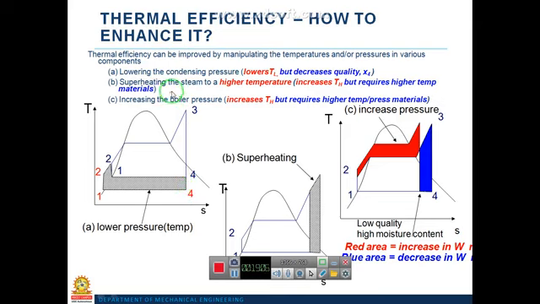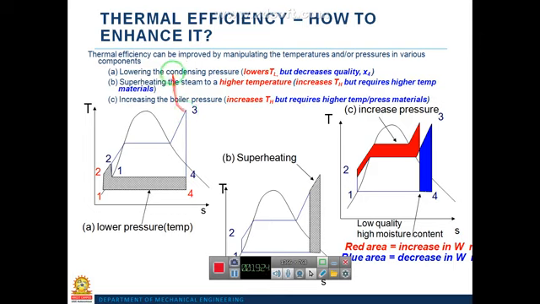Next one is superheating the steam to a higher temperature. Third one is increasing the boiler pressure.